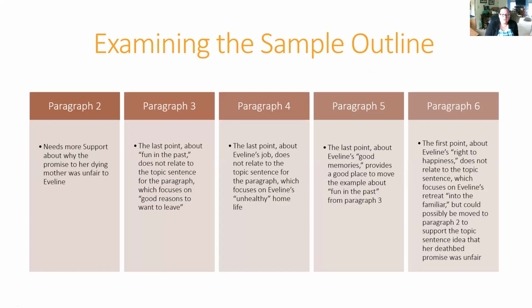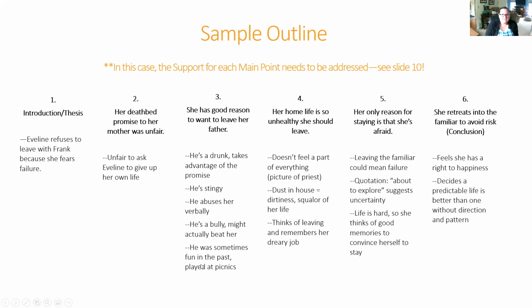It could be that her dad being fun in the past, maybe that could fit over here, right? Where we're talking about how she's thinking of good memories to convince herself to stay. So that supporting detail might fit over here. Up to you.